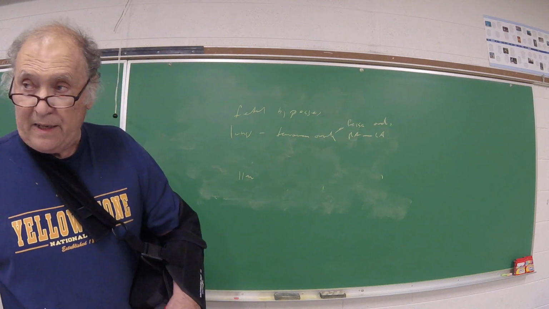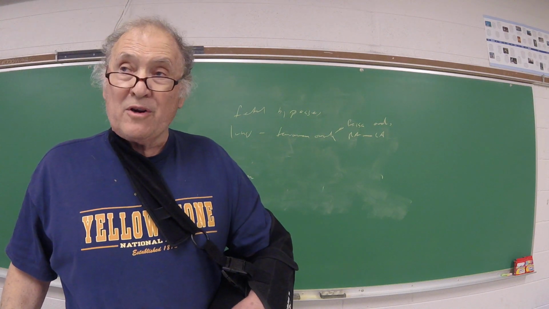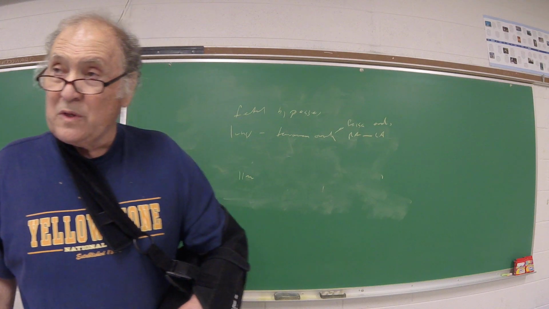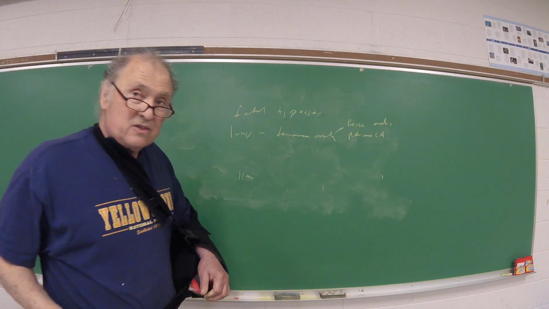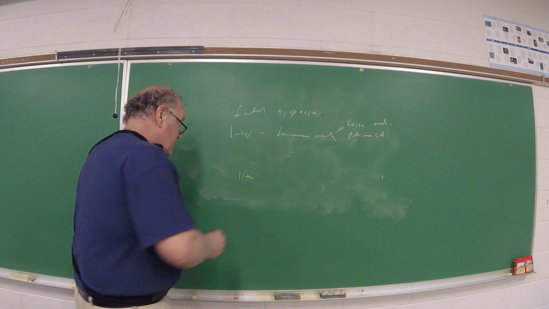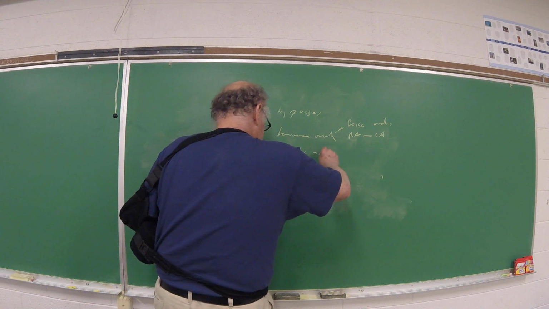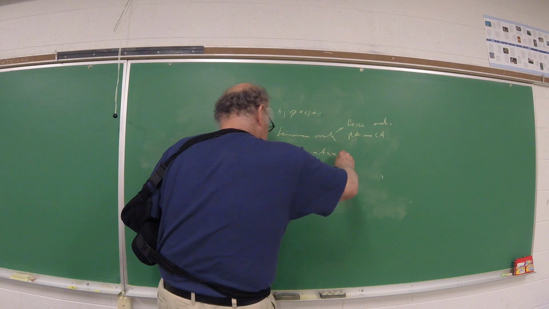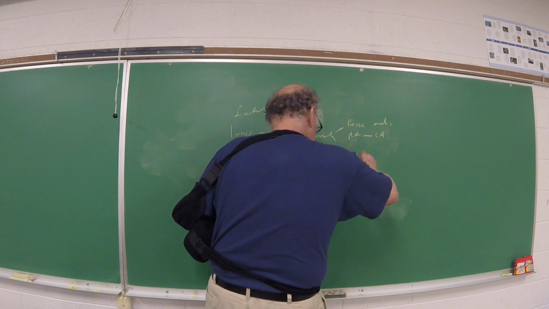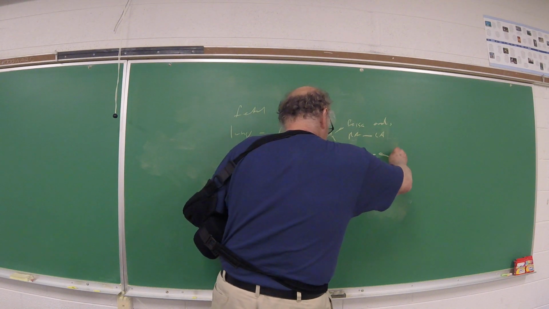Now, there's another bypass between the pulmonary artery and the aorta. It's called the ductus arteriosus. D-U-C-T-U-S A-R-T-E-R-I-O-S-U-S, connects the pulmonary artery to the aorta.